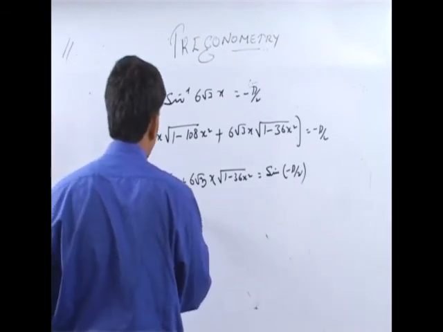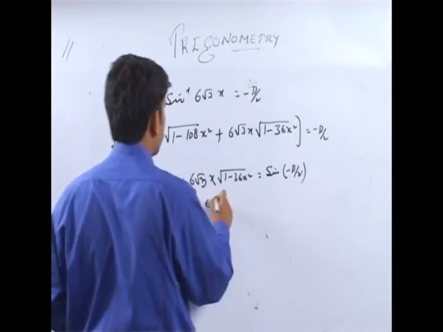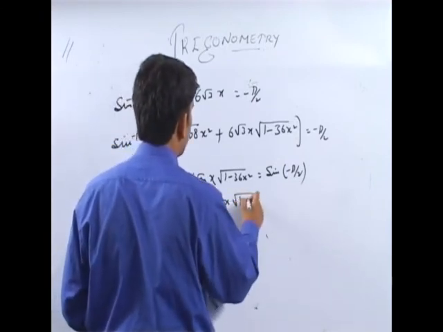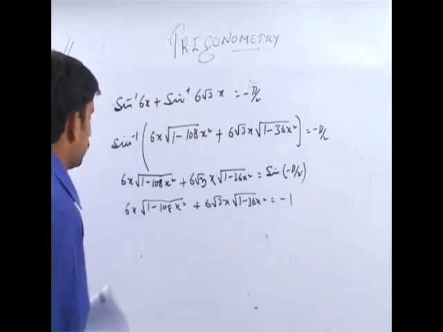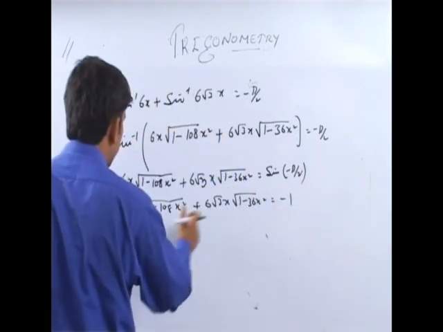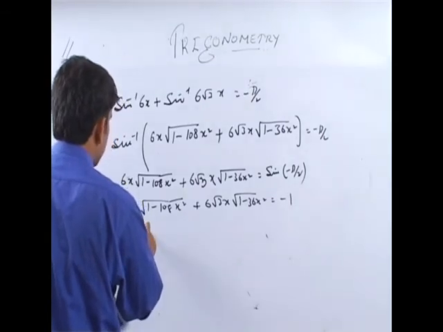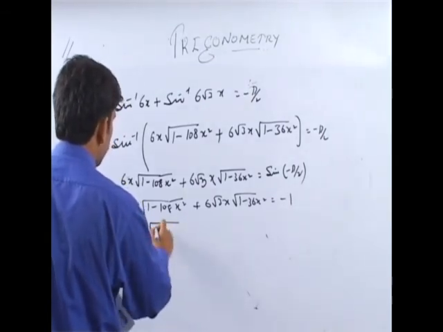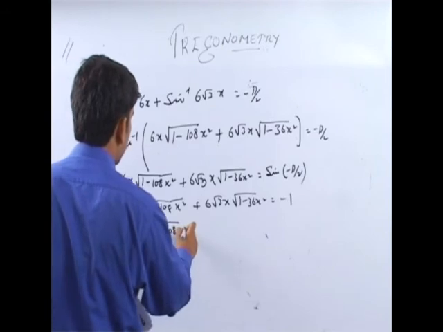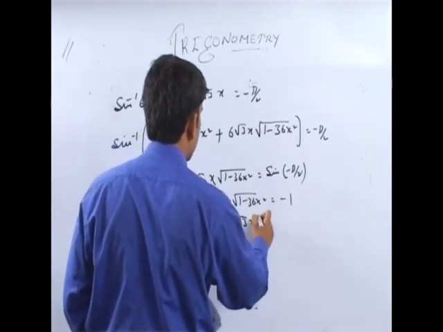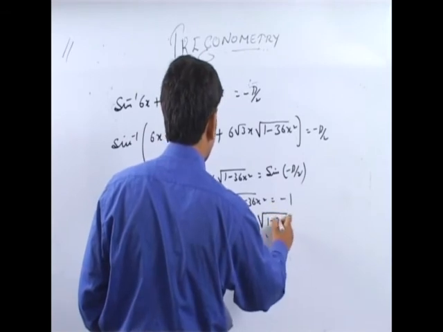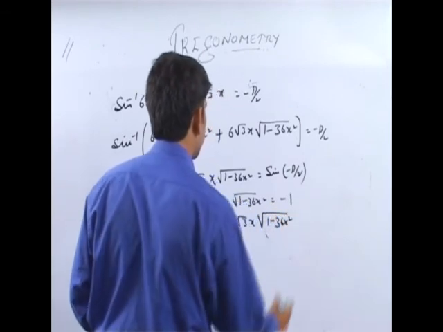Therefore you will write 6 root 3 x under root 1 minus 36 x square equal to minus 1. Now this will be equal to 6x under the root 1 minus 108 x square is equal to minus 1 minus 6 root 3 x under the root 1 minus 36 x square.